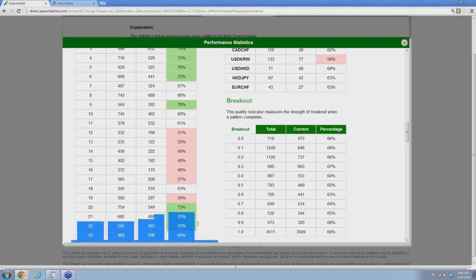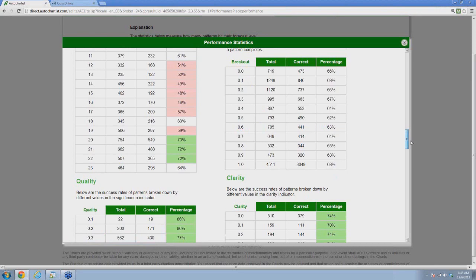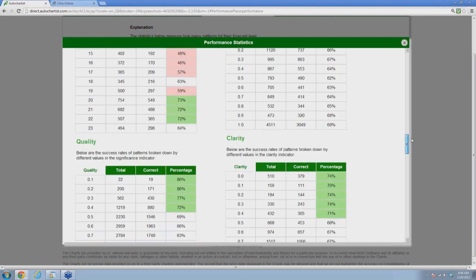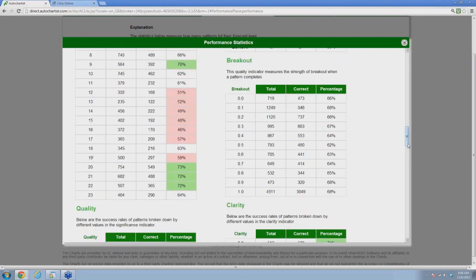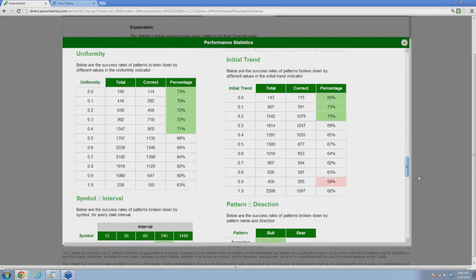But your question is about length. We looked at all the quality indicators: breakout, quality, clarity, uniformity, initial trend, interval, and direction.